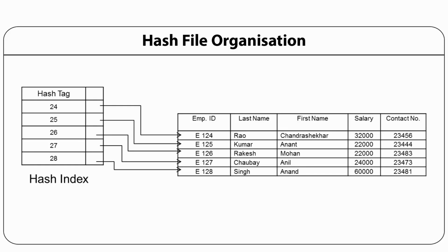You can see the hash tags generated for different records: 24, 25, 26, 27 and 28. The hash tag is used as the location of the file stored on the media, and this is a hash index which is used for locating the record on the storage media.